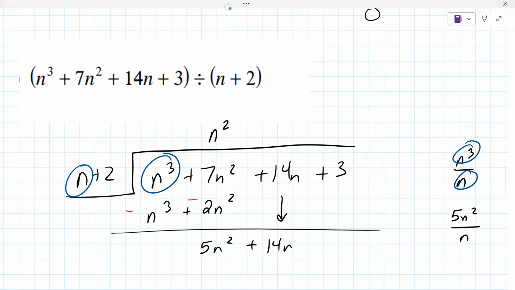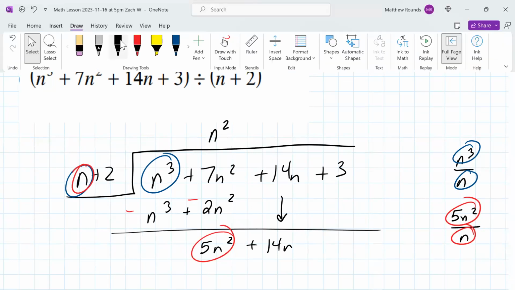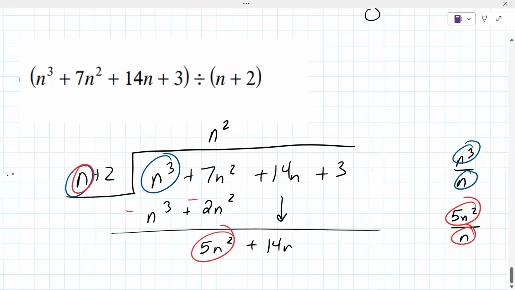Then you grab the next leading one, 5n squared divided by n, and you put the result up here. What's 5n squared divided by n? Just 5n. And then you multiply by n plus 2.